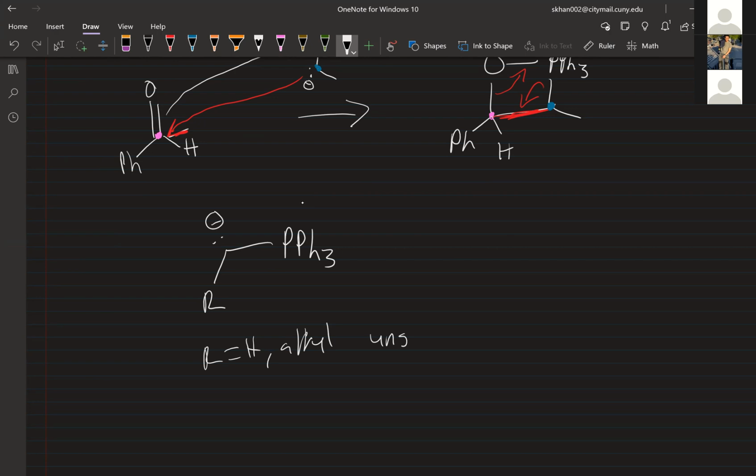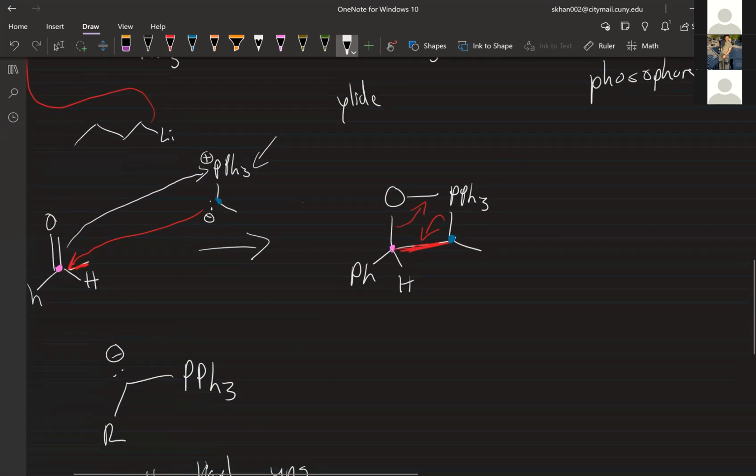The way you stabilize a carbanion, is it going to be electron-withdrawing groups or electron-donating groups? Withdrawing, right? It's negative, so we want something that could pull away the electron density and make it less reactive. Whenever you have carbonyls next to it, then you have what's called a stabilized Wittig. So in this case, we are using an unstabilized Wittig.